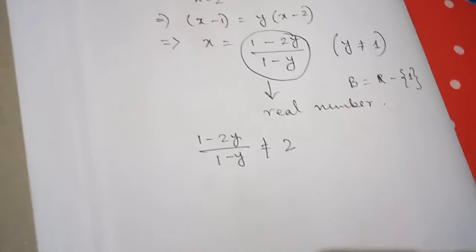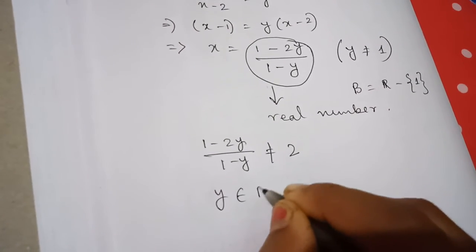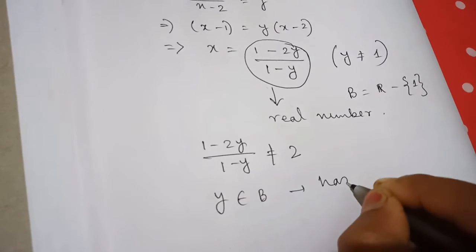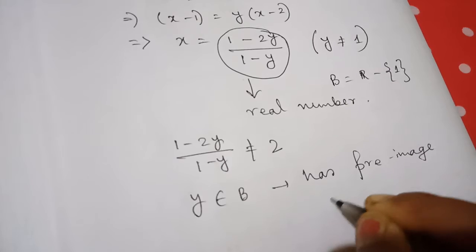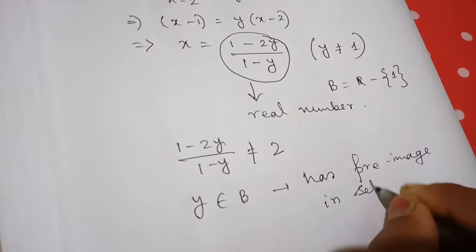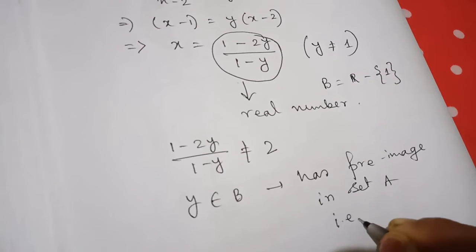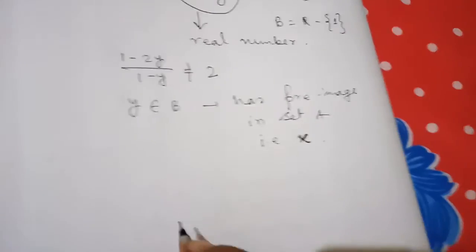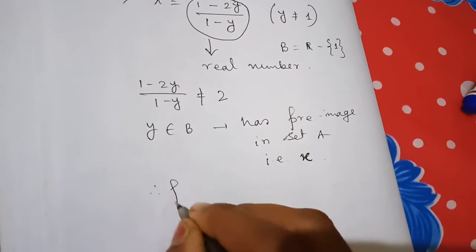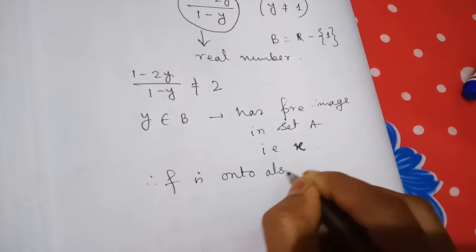So we can say that every element of B has a pre-image in set A, that is x. Okay, so as we are getting this, that means we can say f is onto also.